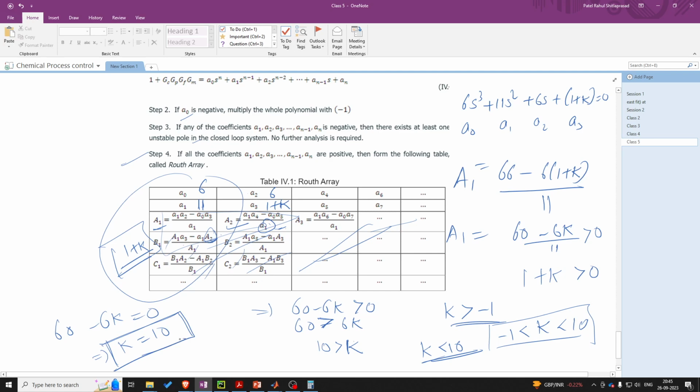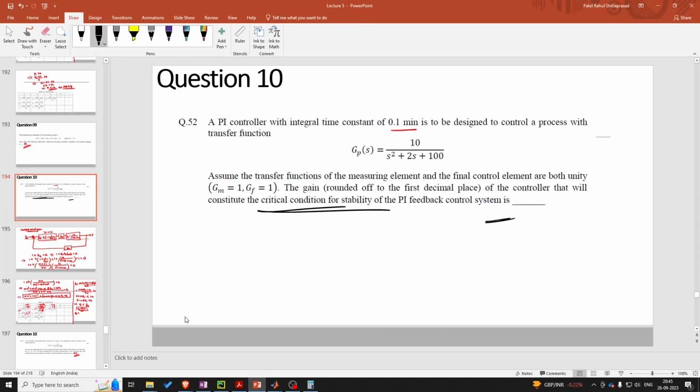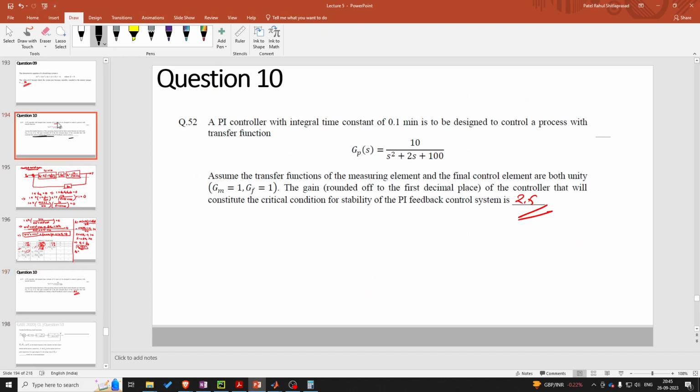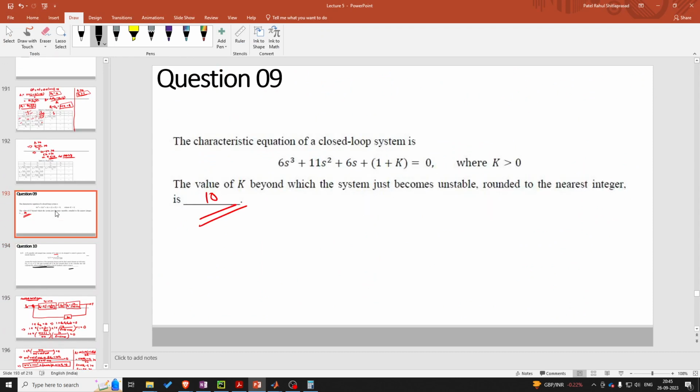Since we have been asked to find the critically stable value, we will write the value of k as 10. I hope that is clear to you. So the final answer over here, no, the question was the system just becomes unstable.